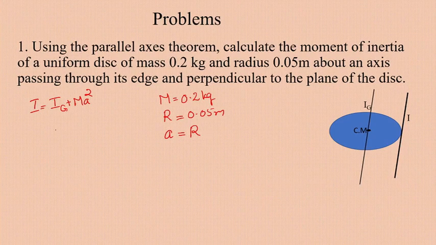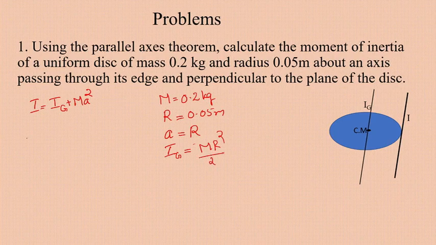What about Ig? Ig is the moment of inertia of the disk about an axis passing through the center and perpendicular to the plane. We have the formula Ig is equal to ma square by 2.